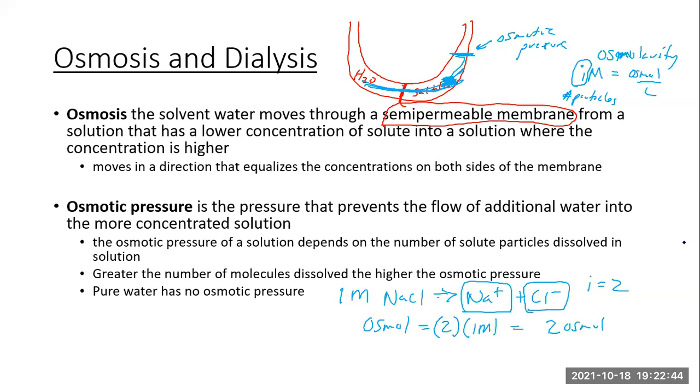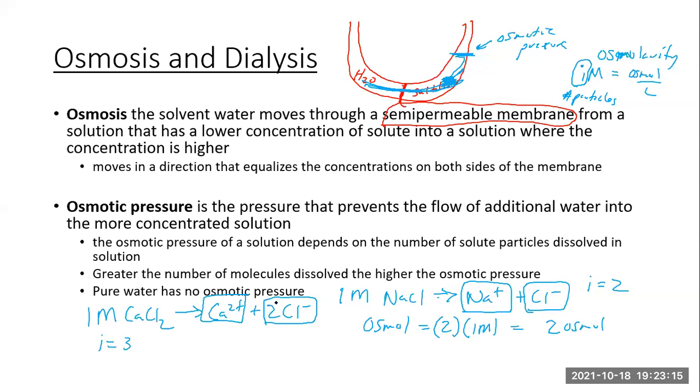Now, is there a big difference between a 1 molar sodium chloride solution versus a 1 molar calcium chloride solution? Well, when we have calcium chloride, it breaks apart into a calcium ion and 2 chloride ions. If we add up all the ions that are present, that's 1 for the calcium and 2 for the chloride, which means in this case i would equal 3.